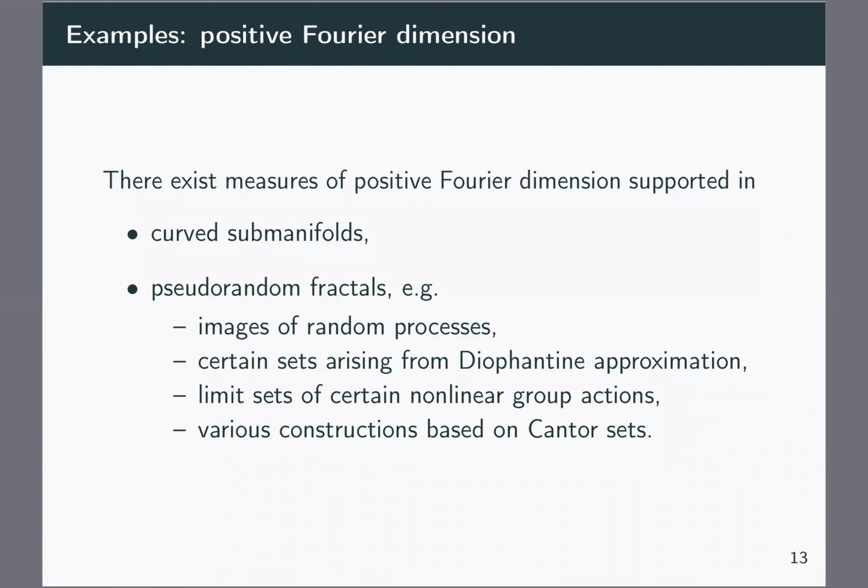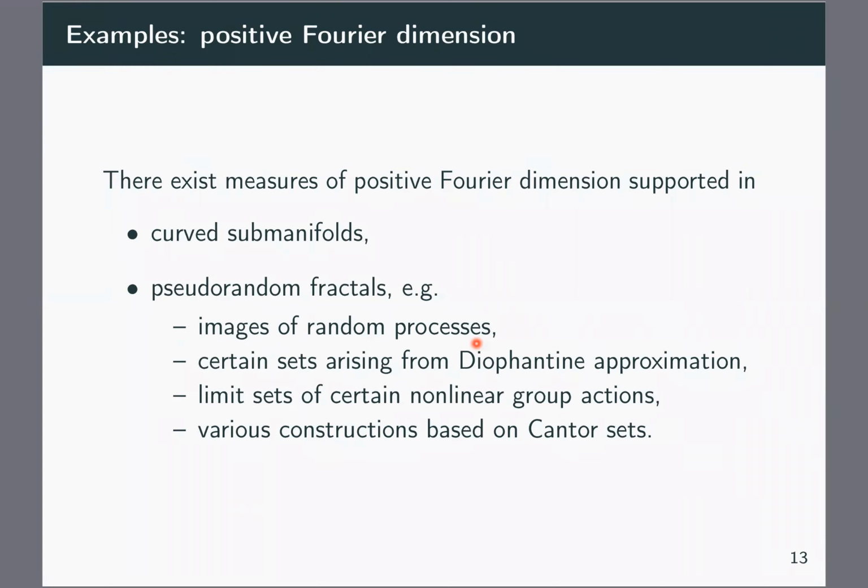So here's a list of sets that support measures of positive Fourier dimension. Of course, first in that list are curved submanifolds that we know very well in harmonic analysis. But then there's also a very long list of pseudorandom fractals that do this. There are a couple of classical examples, such as when you take a set and take its image under some kind of random process, such as Brownian motion, what you typically get is a set that supports a measure of high Fourier dimension.